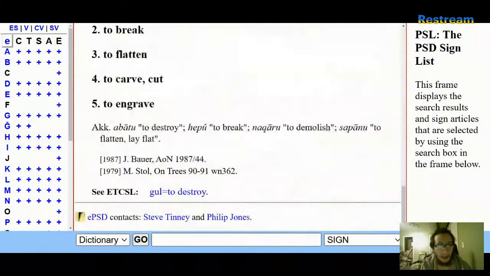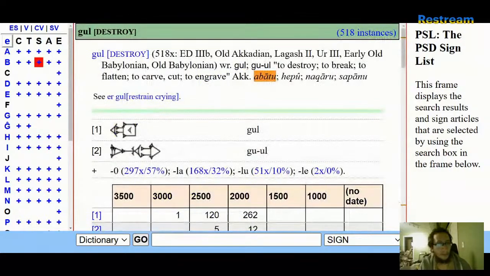Yeah, it doesn't really give much about the Akkadian. So anyway, we'll move on from that one. Now let's go to the Akkadian etymology book.